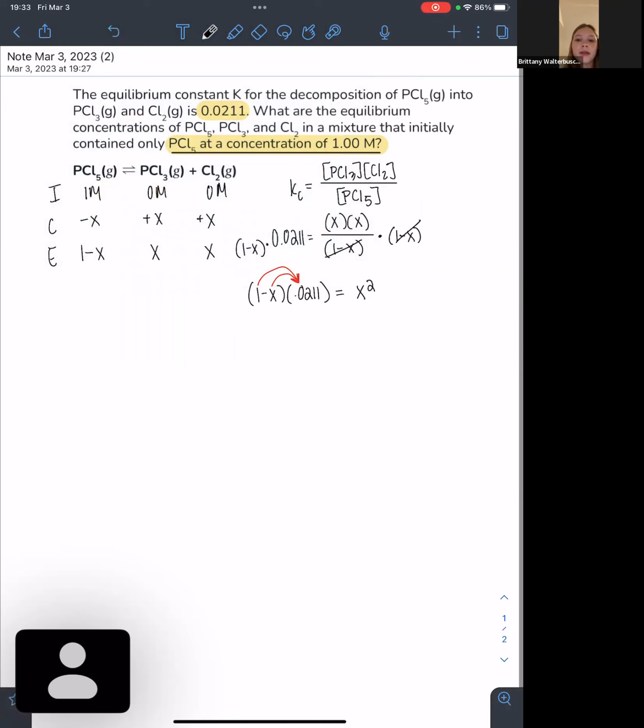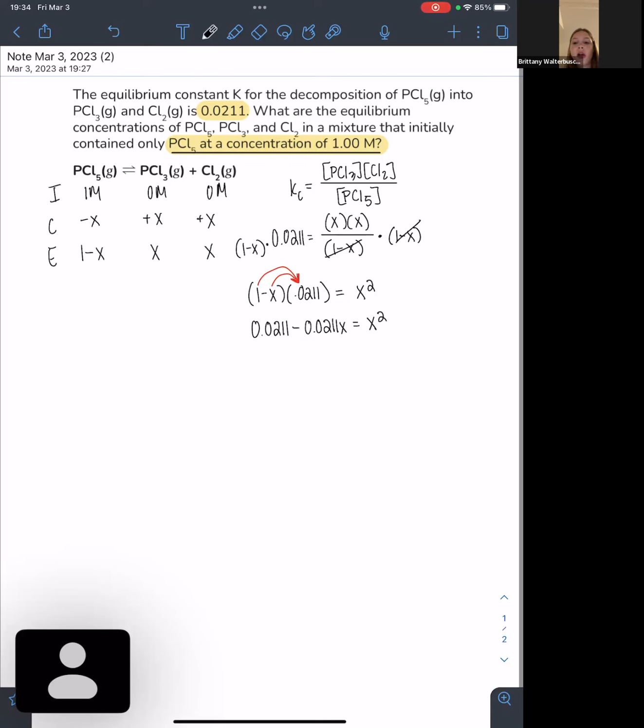So if we first do the 1, distributing over the 0.0211, we just have 0.0211, and then we're also going to times the negative x times the 0.0211. So that will give us a minus 0.0211x, and that's going to equal our x squared. So we have that all distributed.